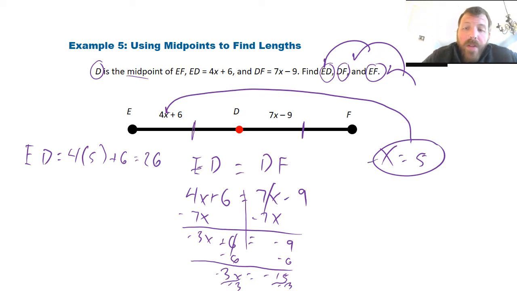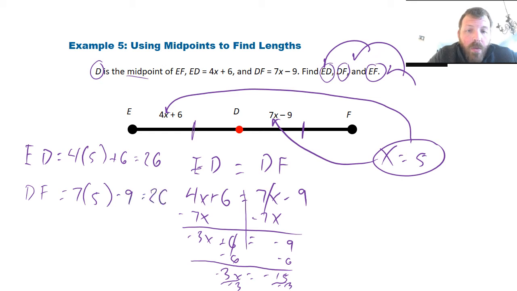If I plug 5 in here, I better get 26. So DF is equal to 7 times 5, which is 35, minus 9, which is 26.